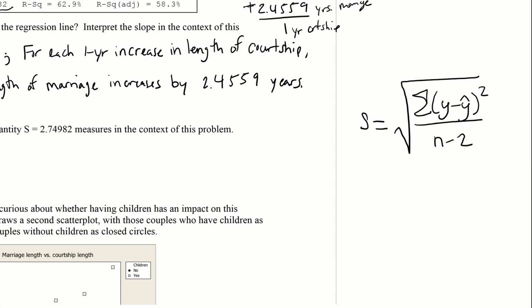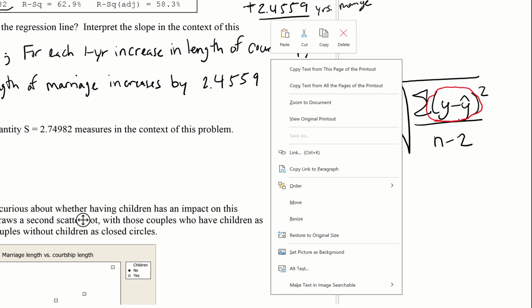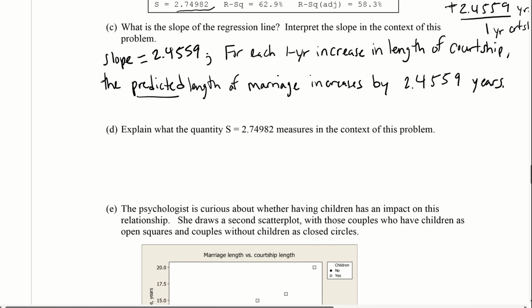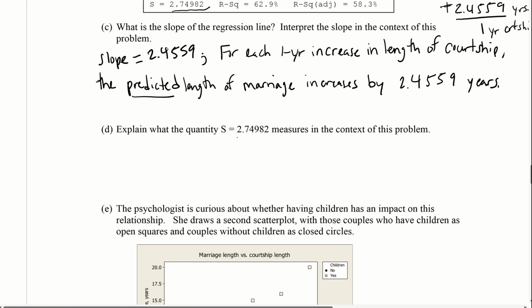What this does is measure the average residual, the average error in my prediction. If my prediction on average is off by 2, then that's what the standard deviation of residuals is saying. In this case, our average error of prediction is about 2.74982.